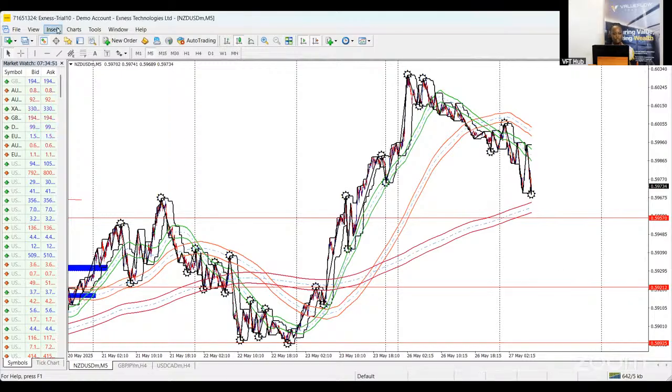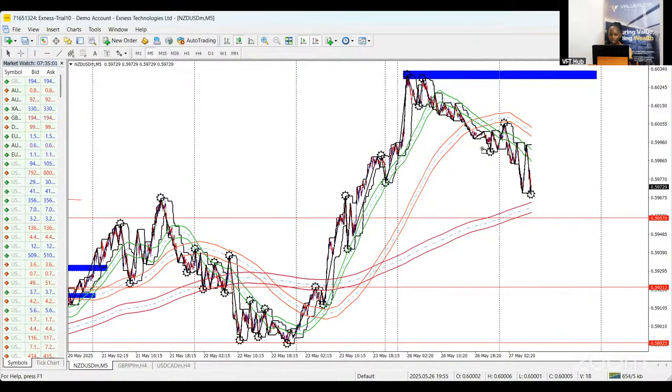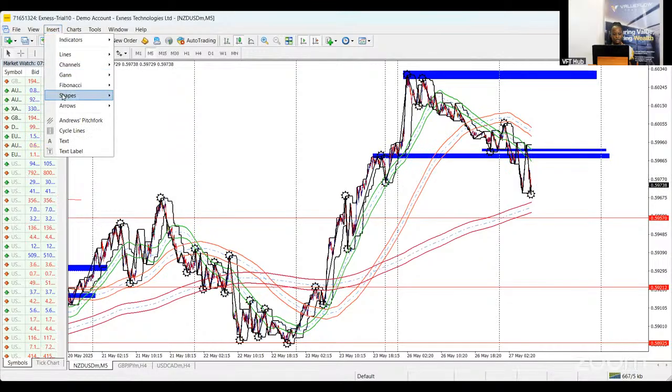Perfect. So I am now going to be marking out yesterday's high, which is right here, and yesterday's low, somewhere down below. It has already been broken through. Then I'm going to mark out day before yesterday's high and day before yesterday's low. Price already validated that as well.